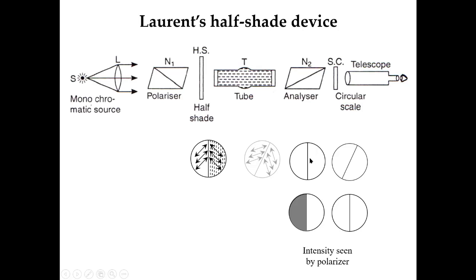The angle by which this analyzer will have to rotate to get the previous situation is the angle by which this optically active material has rotated these planes of vibration. In this way, we can find the optical rotation introduced by a given length and given concentration of this optically active material.